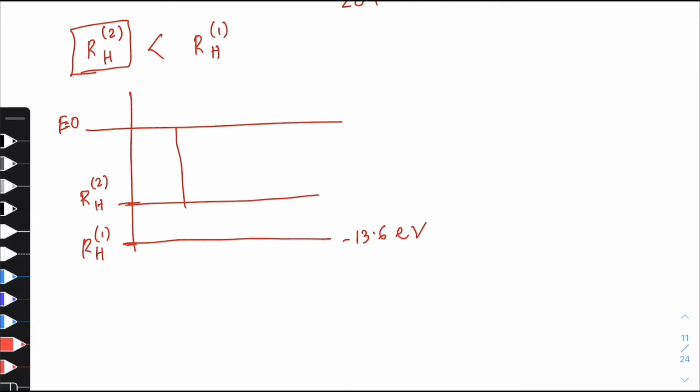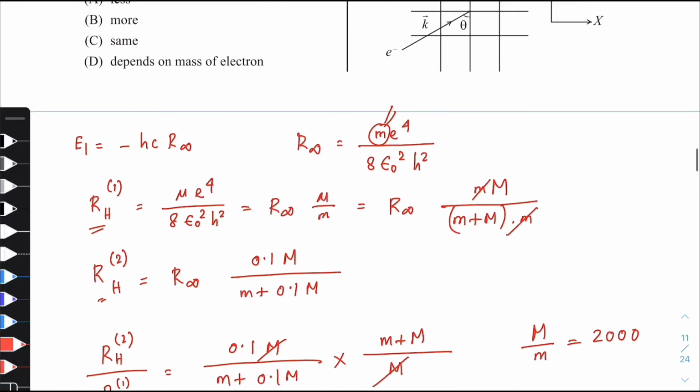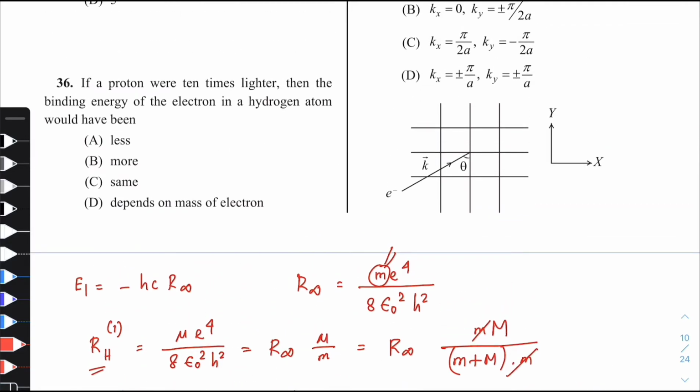Now you can see the binding energy is less compared to the previous one. So let's go back to the options. So the binding energy of the electron in a hydrogen atom would have been less.